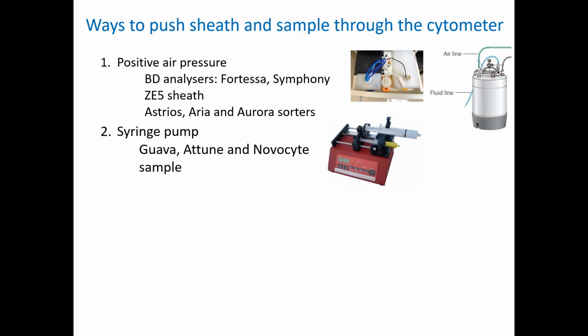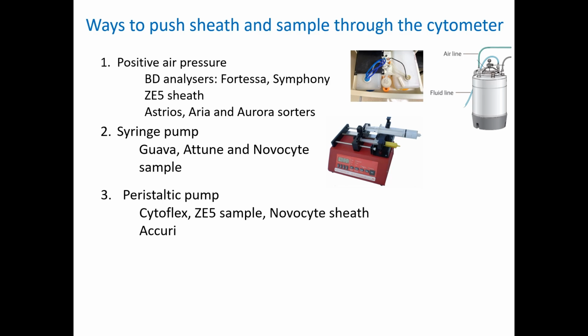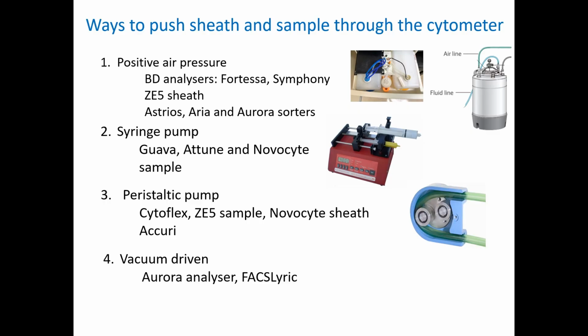A syringe pump is used in the Guava, for the sample in the Attune, and in the NovoCyte series of instruments. Peristaltic pumps are common as well, in the CytoFLEX, the NovoCyte sheath, ZE5 sample, and the Accuri, for example. And finally, they can be vacuum-driven, as in the Aurora analyzer and the BD FACSLyric.